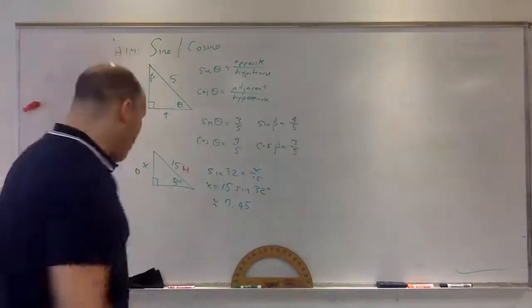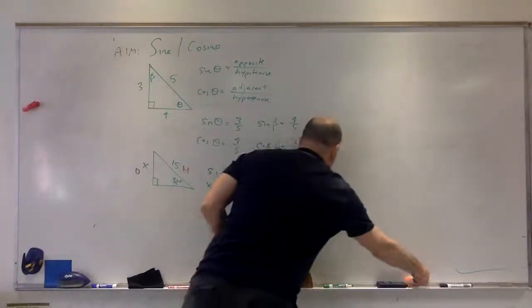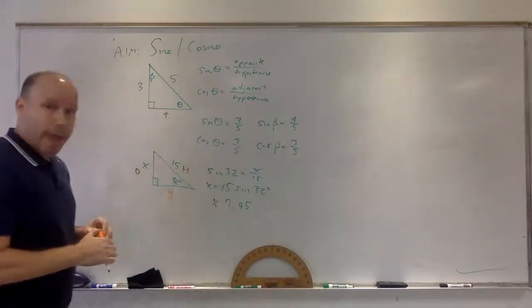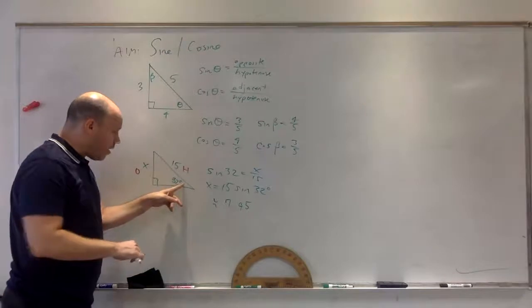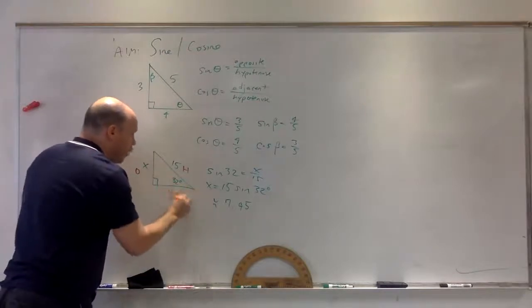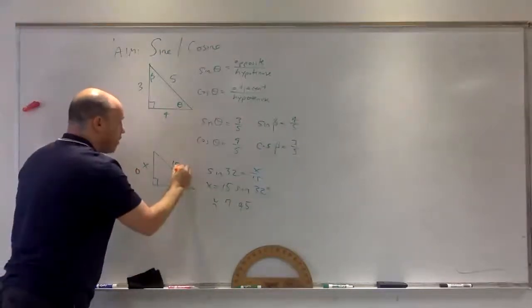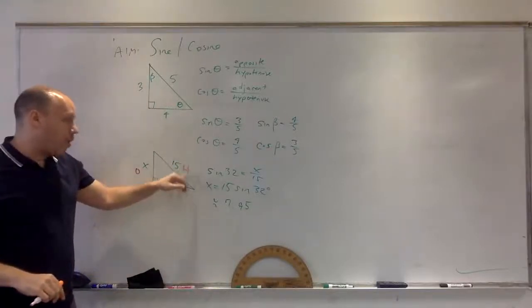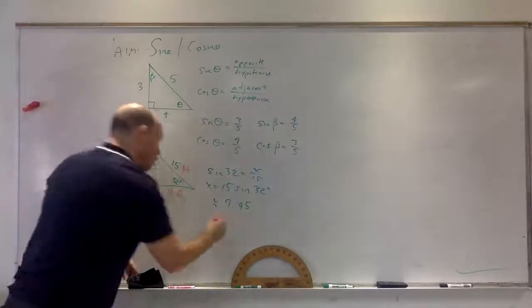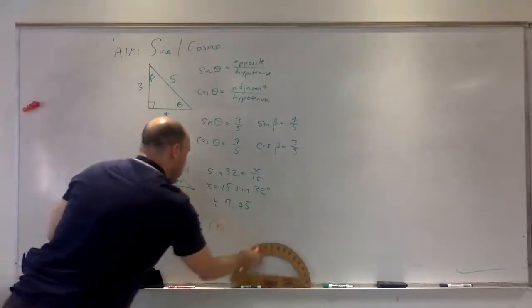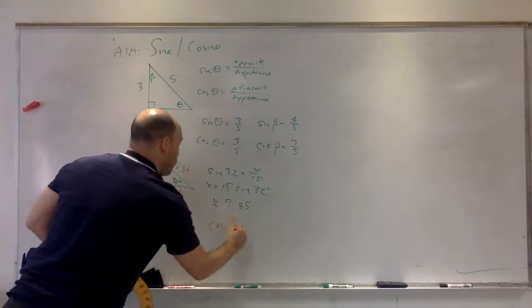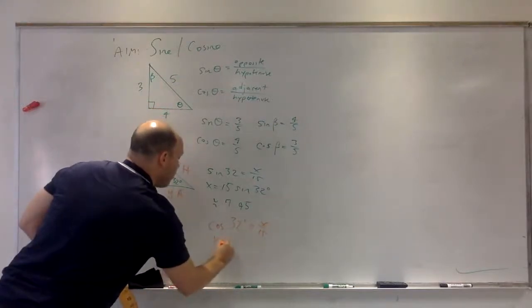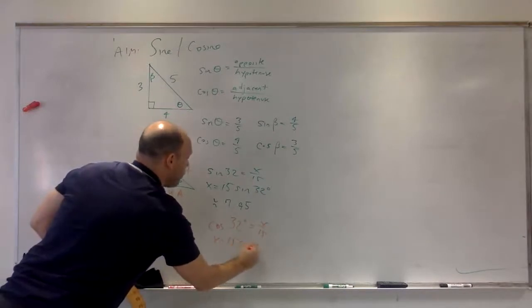What if I added another variable in here, and I asked you to find y? You would say, I'm still standing at 32 degrees, but in this case, the y is adjacent, and the hypotenuse is the hypotenuse. So adjacent over hypotenuse, that's cosine. So the cosine of 32 degrees is equal to y over 15. y equals 15 cosine of 32.